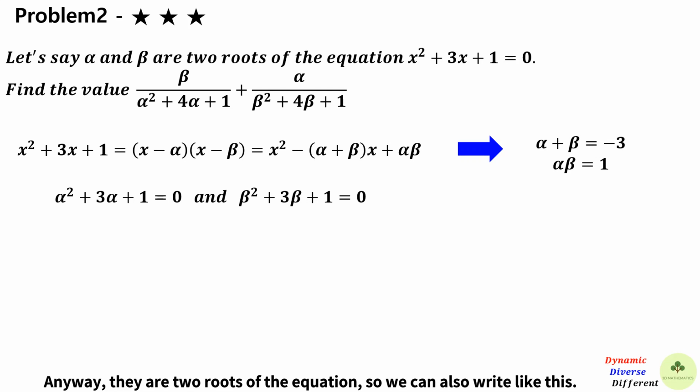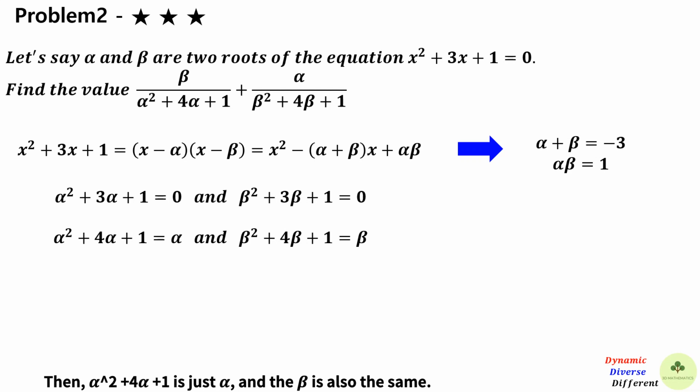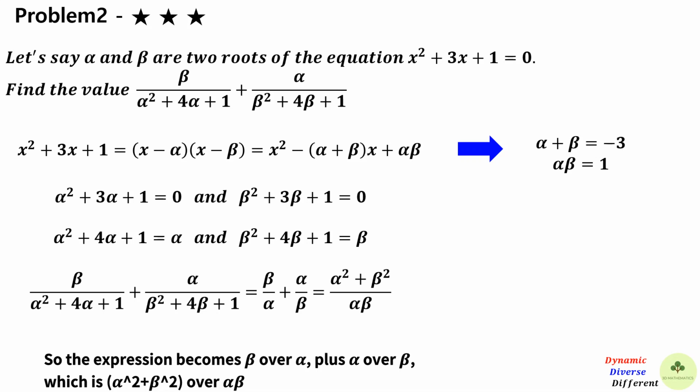Anyway, there are two roots of the equation, so we can also write like this. From here, let's add plus alpha and plus beta on both sides to the two equations. Then, alpha squared plus 4 alpha plus 1 is just alpha, and the beta is also the same, right? So, the expression becomes beta over alpha plus alpha over beta, which is alpha squared plus beta squared over alpha times beta.